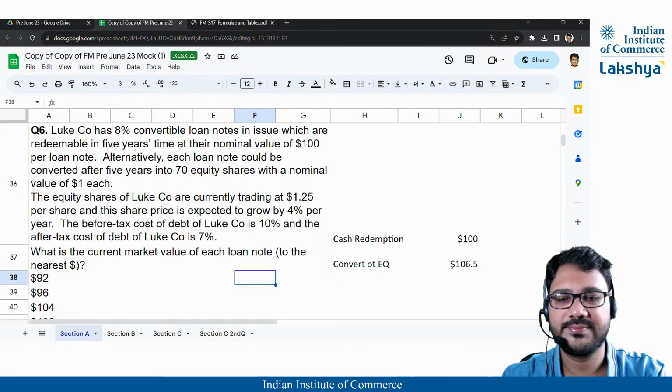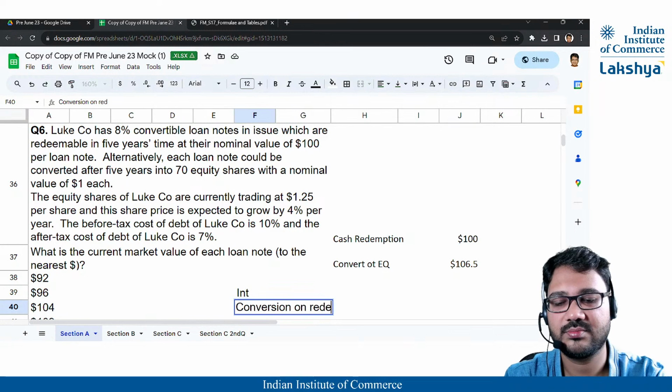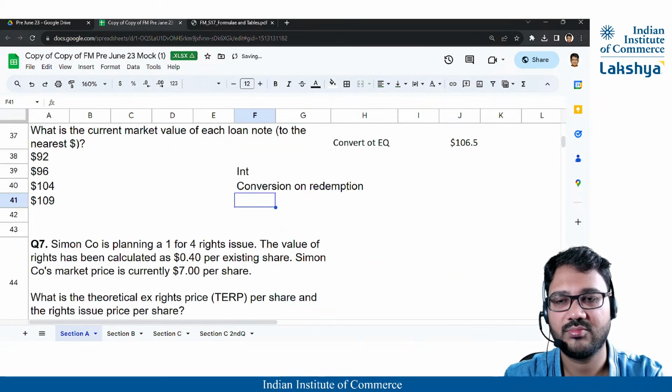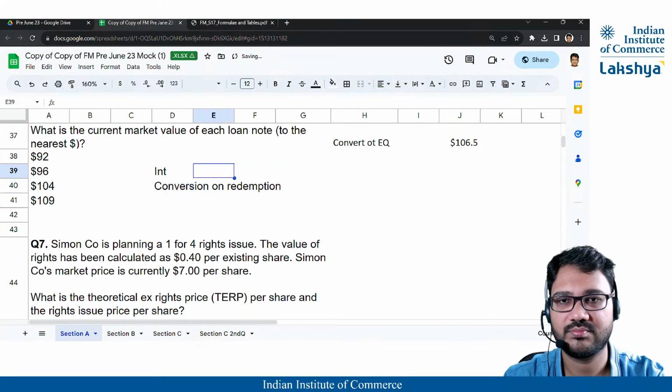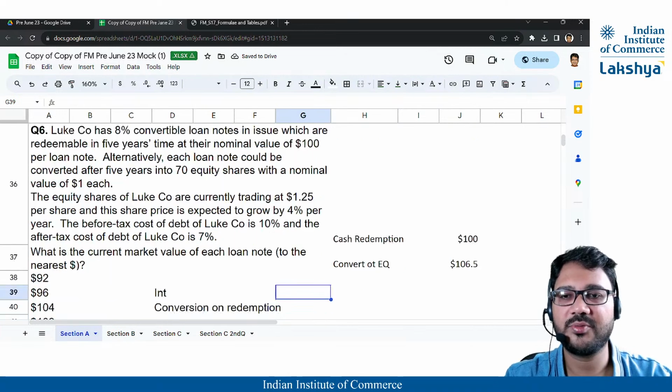So our interest, and then these are the relevant cash flows, interest and conversion on redemption. Right, so interest is how many dollars?